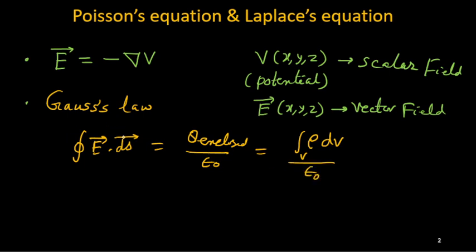So if I integrate over volume, then we will get total charge enclosed upon epsilon naught. And the left hand side, the surface integral of E dot ds, we can convert to a volume integral using the divergence theorem.